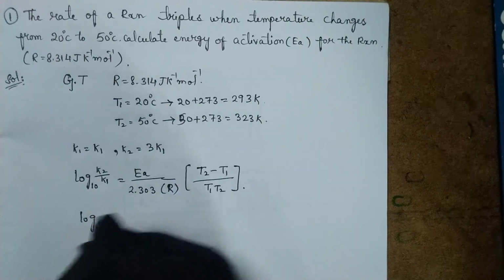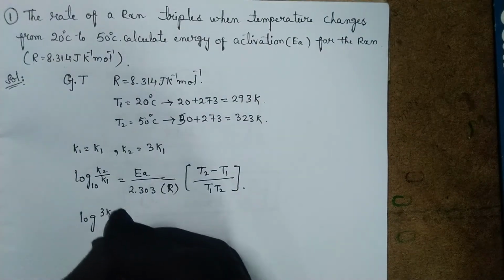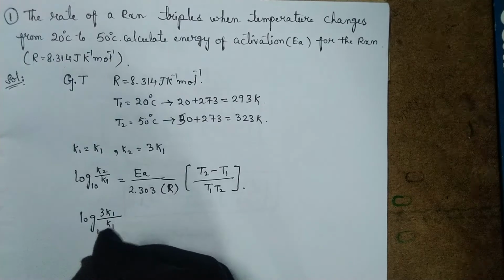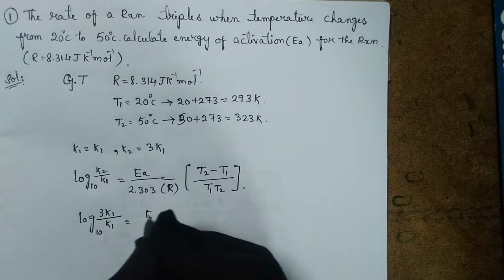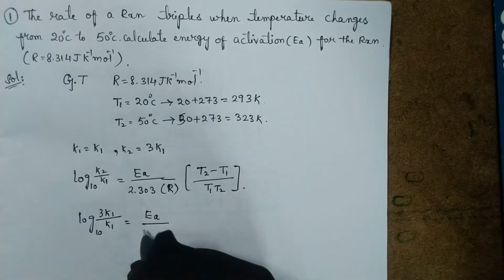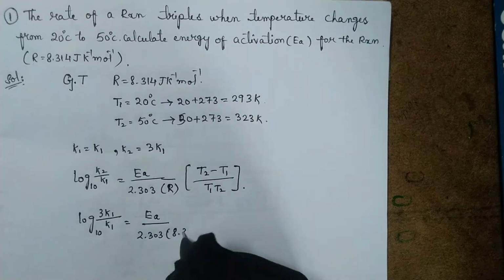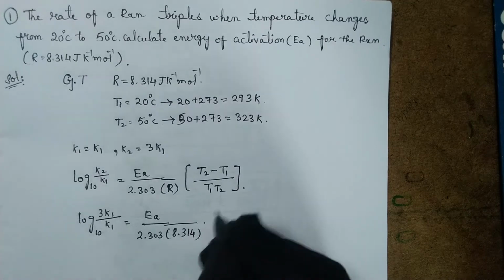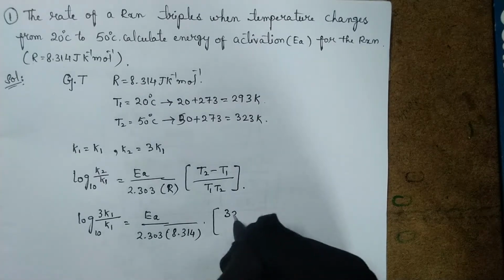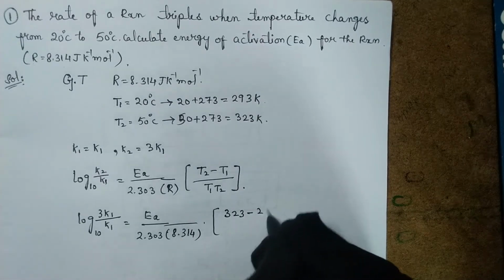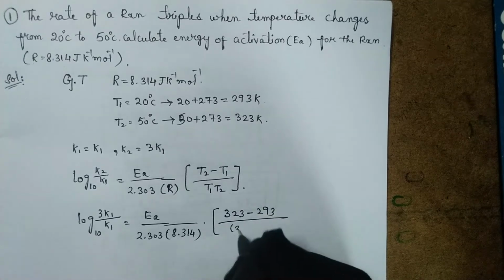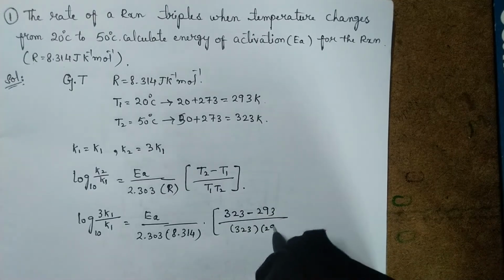Now substitute all the things. K2 is equal to 3 K1, K1 as it is. EA is the value we have to find out. Now 2.303 into R. What is the value of R? 8.314. Now what is the value of T2? 323 minus T1, that is 293, by 323 into 293.